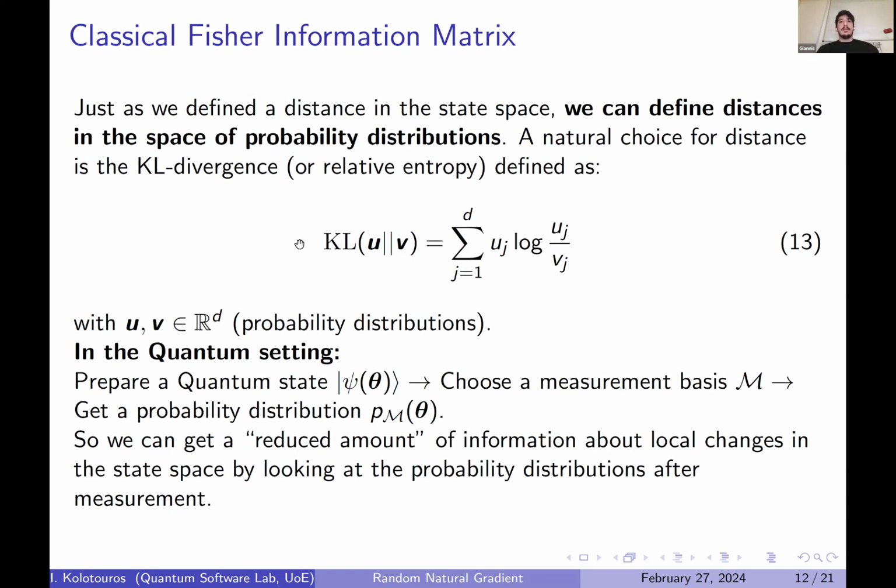But how do you get probability distributions in the quantum setting? Of course, by performing measurements. So you prepare a quantum state, you choose a measurement basis M, you measure, and then you get a probability distribution. Of course, by measuring a quantum state, the amount of information that you get is highly dependent on the measurement basis that you have.